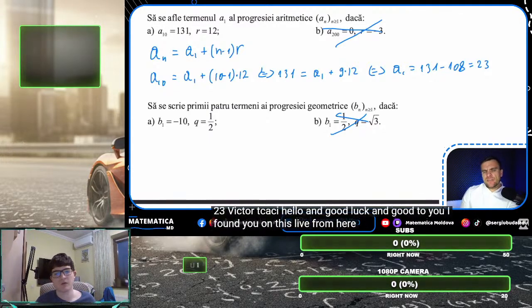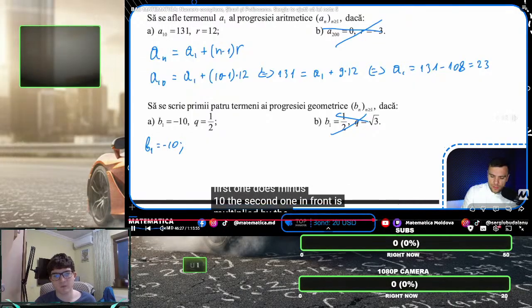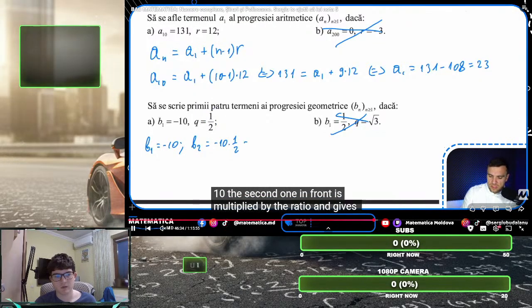Okay, so moving on to the next exercise, we work with B and we work with some Q here.